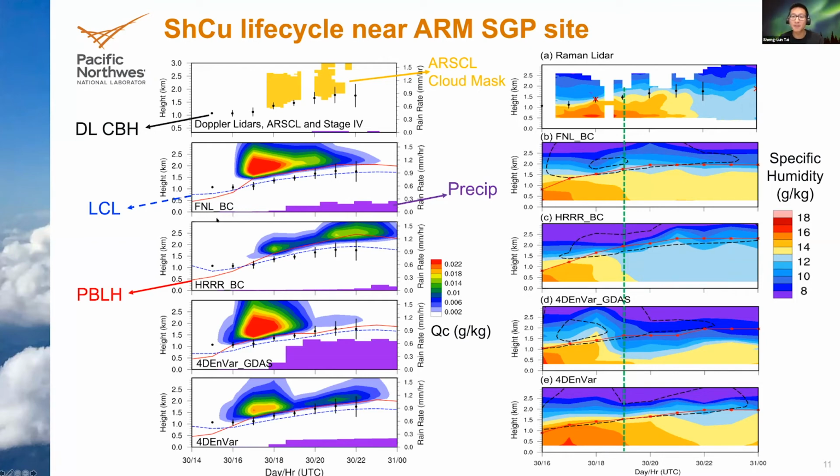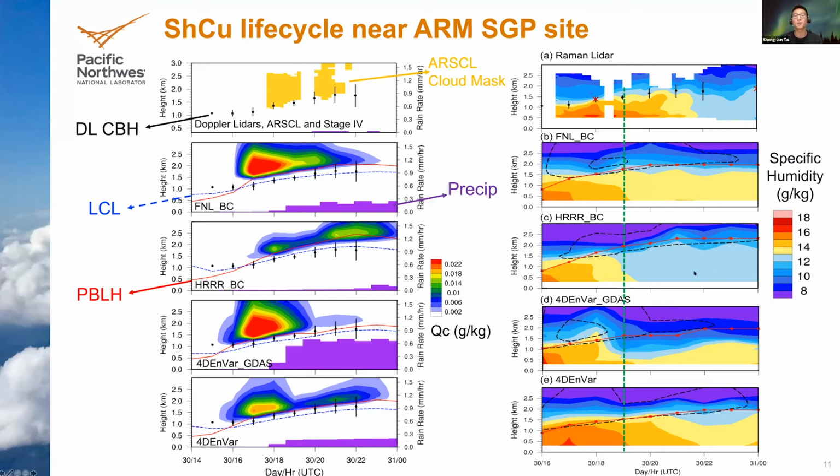In the DA experiments, we have corrected this bias by using data assimilation. Also, the simulated cloud base height is too high in these two cases, but is much closer in the DA experiments we have shown here.